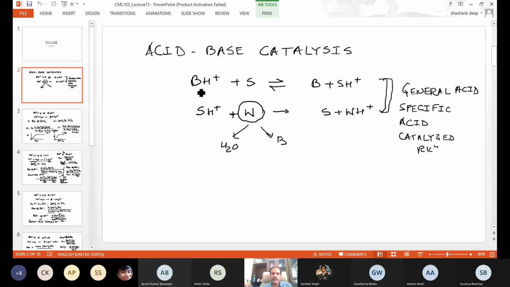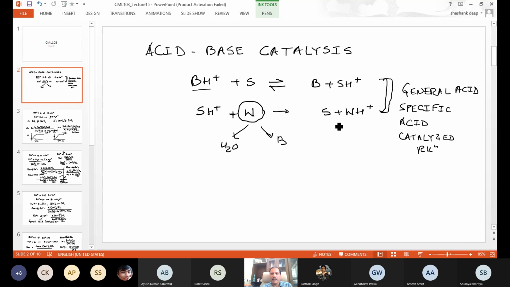This is your acid, BH+, and S is your substrate. That gives you B, the base, plus SH+. SH+ is the intermediate. When SH+ reacts with W, this species, it gives S plus WH+.